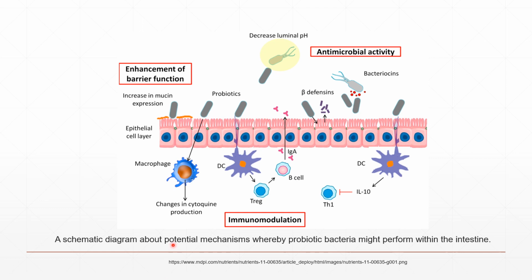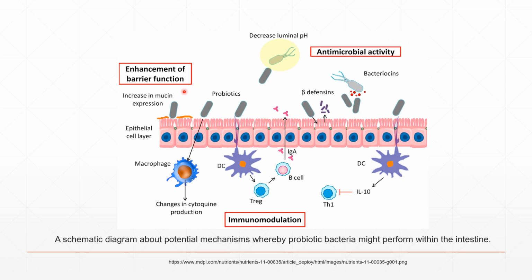This is the schematic diagram about the potential mechanisms whereby probiotic bacteria might perform within the intestine. This is the epithelial layer of the intestine, and these are the different mechanisms whereby the probiotics will exert their antidiarrheal effect or protective effect in the intestines.